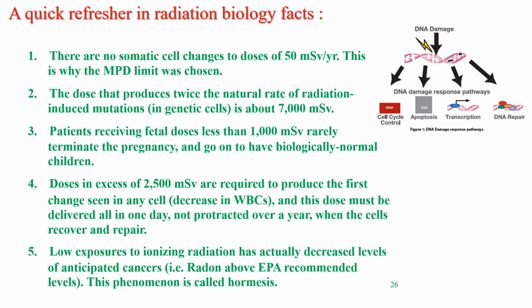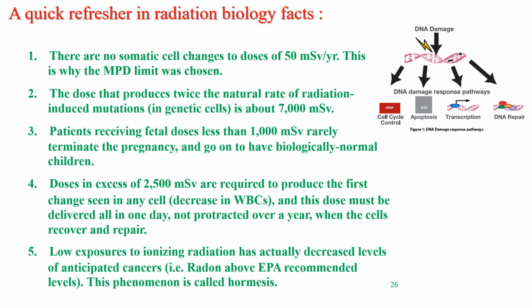A fetus receiving less than 1,000 millisieverts should be perfectly safe and have no biological effects as a child. Above 2,500 millisieverts there is only the probability of their having a biological effect on the child.